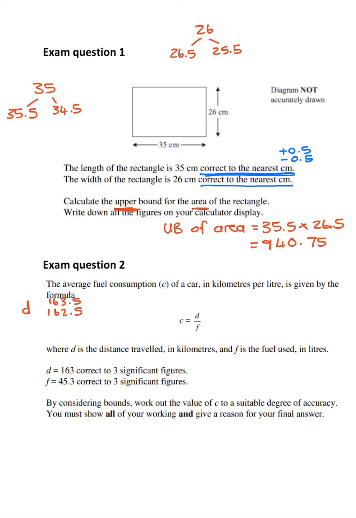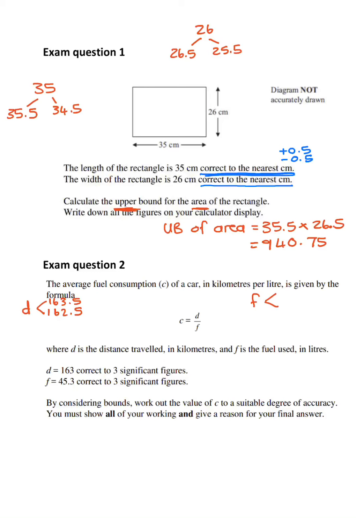F has been rounded to 3 significant figures. Again, so first significant figure is that 4. Second significant figure is the 5. Third significant figure is that 3. So they're basically telling us that it's been rounded to the nearest 1 decimal place.